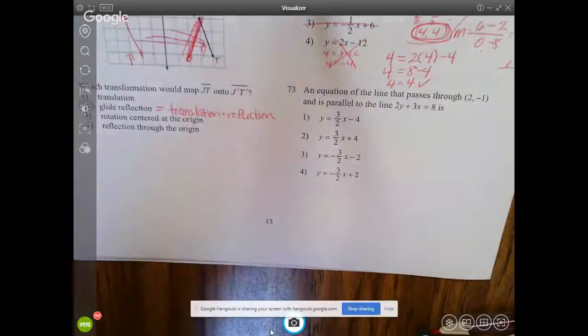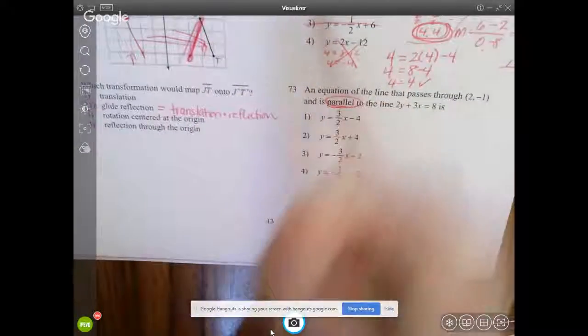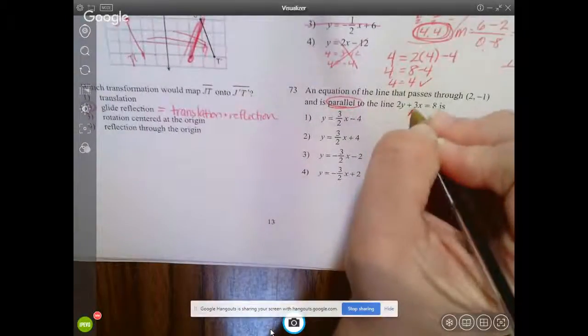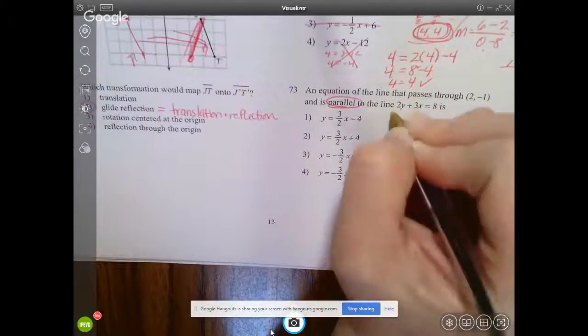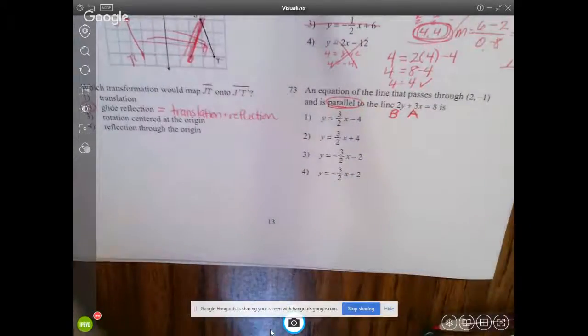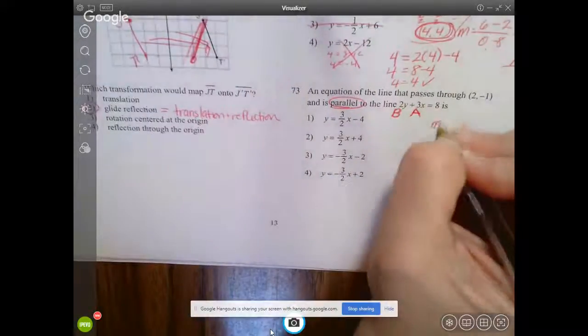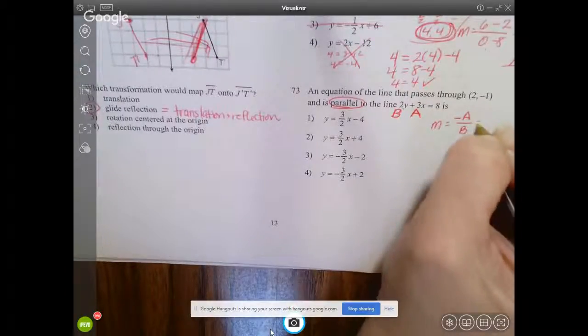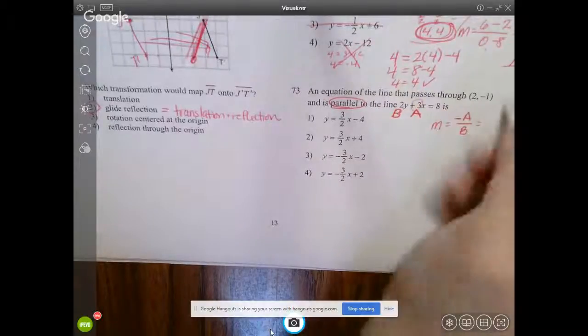Okay, here it says parallel. I'm going to show you the trick because I want you to get used to it. Whatever is in front of the x is A. Whatever is in front of the y is B. So the slope is the opposite of A over B. The opposite of +3 is -3.